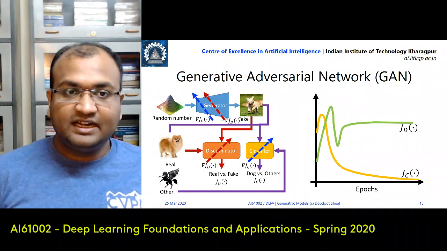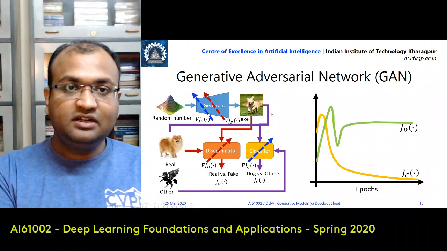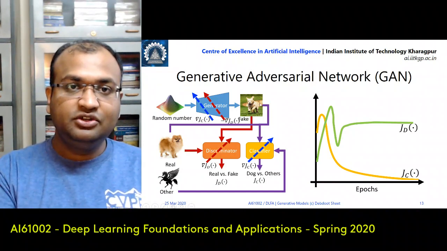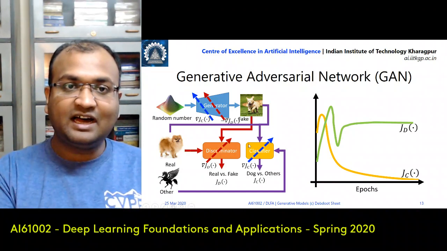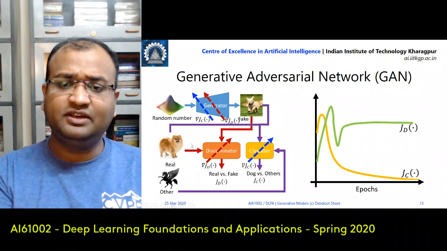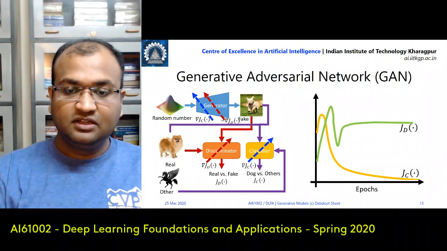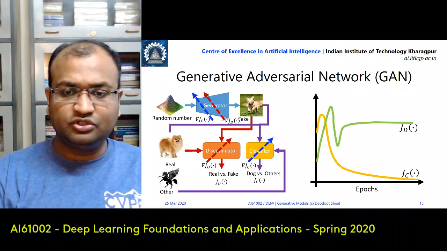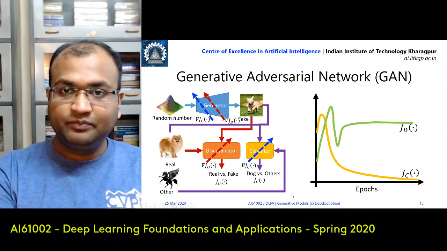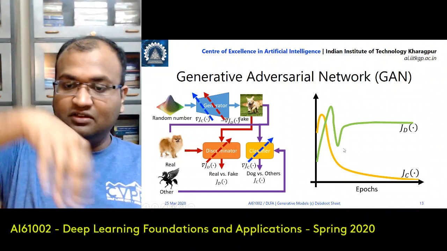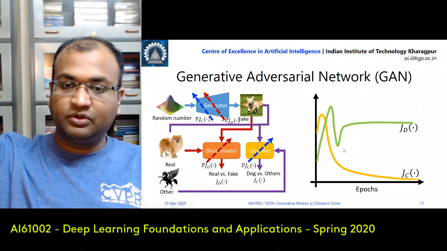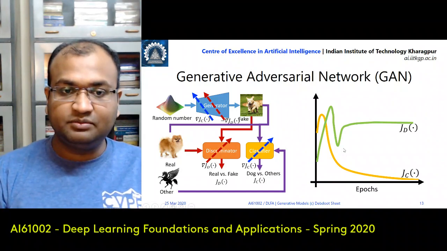The reason is that the moment you are able to generate fakes which look very realistic, then half of the time it will confuse a fake to be real, and half of the time it will say a real to be fake, because it's essentially taking a chance, a random distribution, and nothing more. So that's the reason why your JD, the discriminator loss, initially will be in a dynamic fluctuating state, and then it would come to a point and converge at the 50% position.